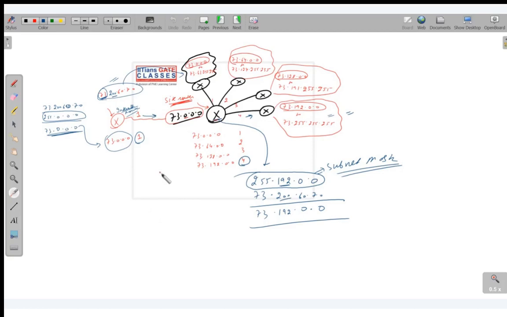Yes, sir. Okay, next point: the site router will apply the subnet mask in place of the net mask.